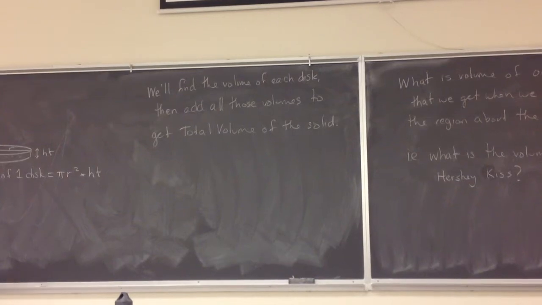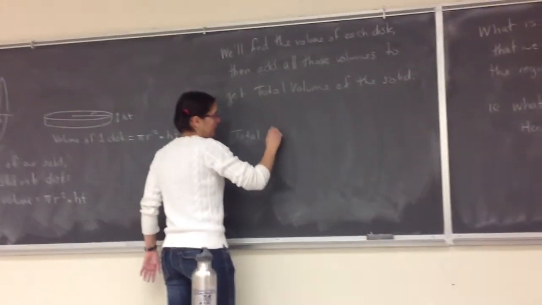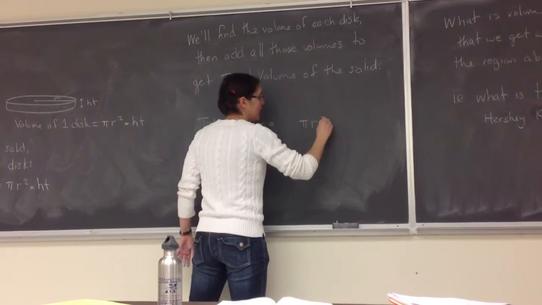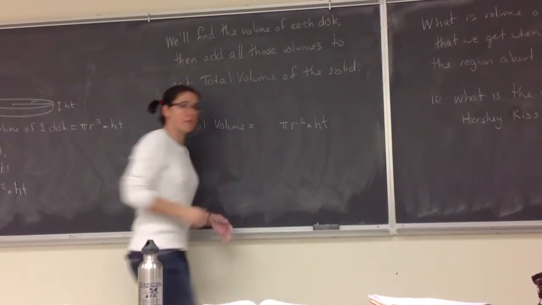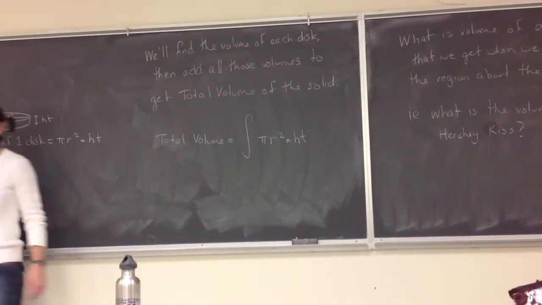Alright, so in terms of the integration or the Riemann sums, what we're doing is we're saying that total volume is equal to pi r squared times the height of our disk, all added up.